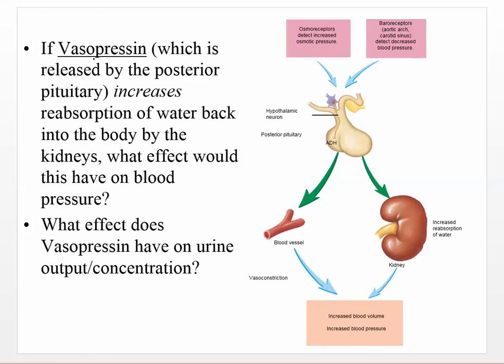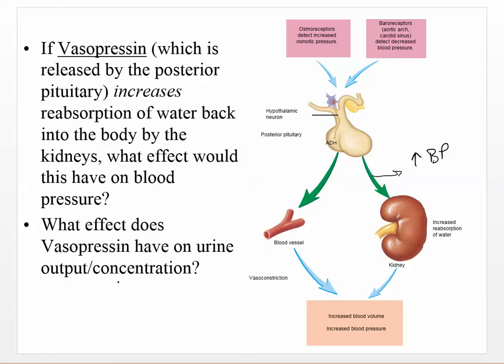Okay, so here's the question. I've already kind of answered it. If vasopressin, which is released by the posterior pituitary, increases reabsorption of water back into the body, what effect would that have on blood pressure? Well, hopefully you say, if it's going back into the body, it's going to increase blood pressure. And that's exactly right. What effect does it have on urine output and concentration?